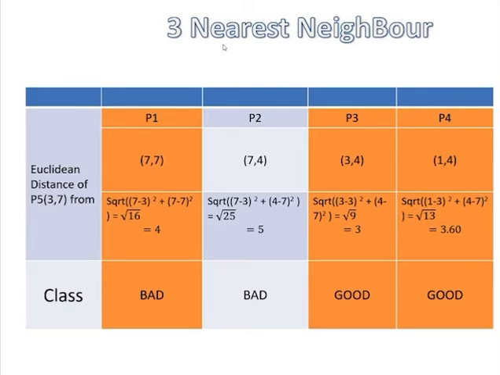Now if I want to base the neighbors on 3, I'm going to look at those 3 numbers that are very, very close: 3, 3.6, and 4, right? Using the 3 neighbors. I wanted you to take note of that, so that was why I put this color here.